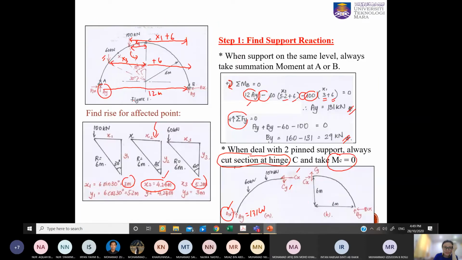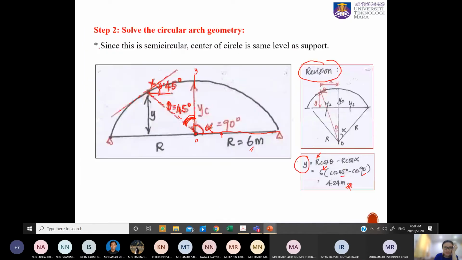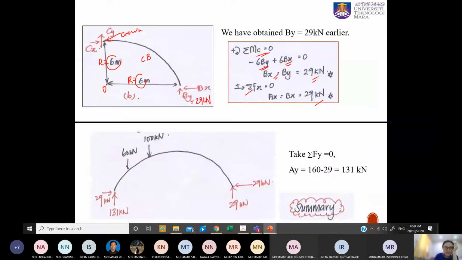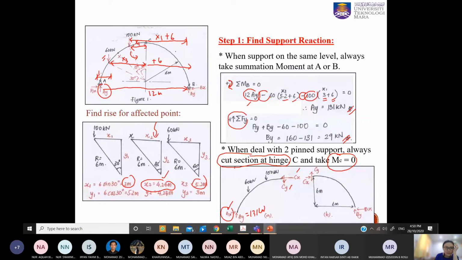1.76. Just now we said that from here to here is 1.76. Sorry, it's not to here. Oops, it's from A to X, 1.76.